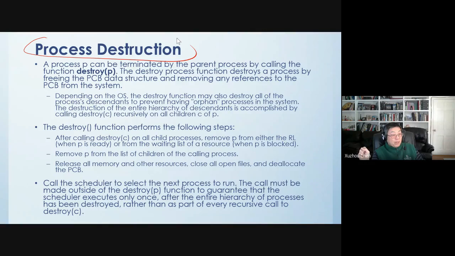When you call the function destroy, you need to specify which process you want to destroy. The operating system needs to make sure only the parent process can destroy the child process. A process cannot destroy a process which was not created by this process.